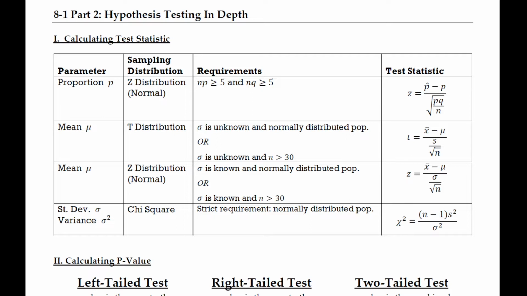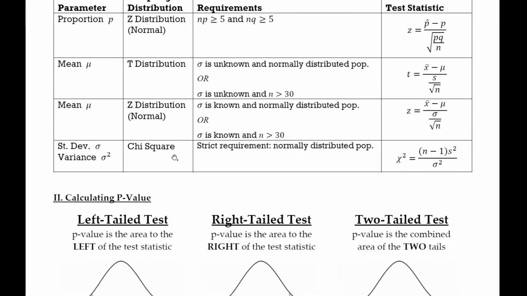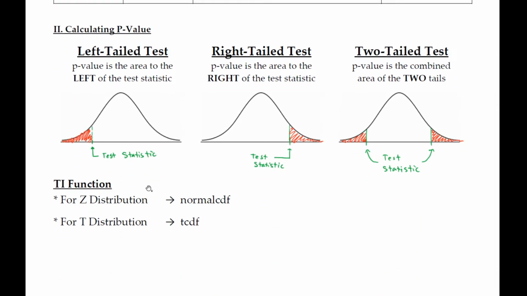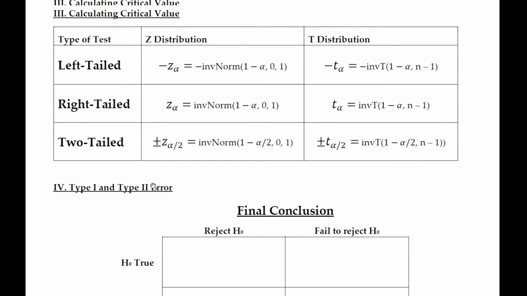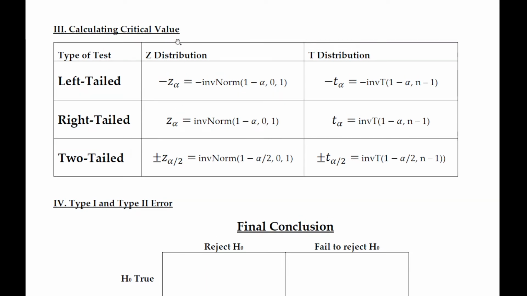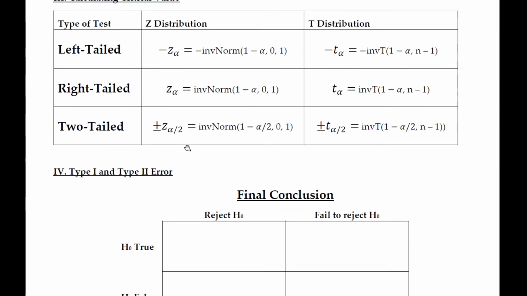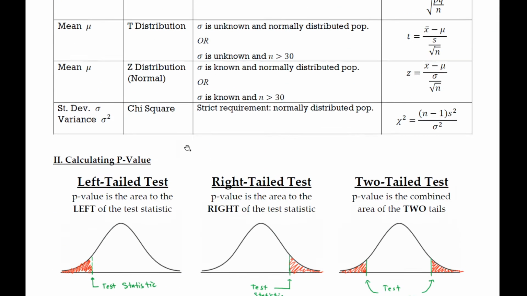This is how you would calculate it without the convenience of the TI-84 calculator. We're also going to talk about calculating the p-value, calculating the critical value, and then the last thing is something called the type 1 and type 2 error. Okay, let's jump right into it.